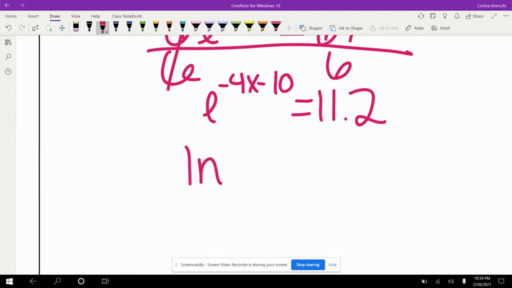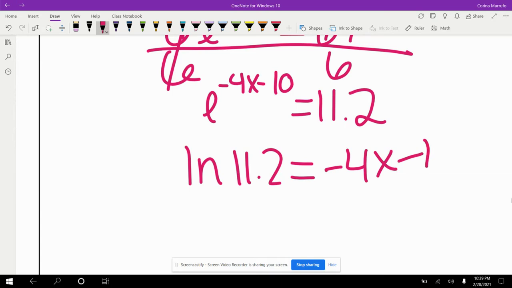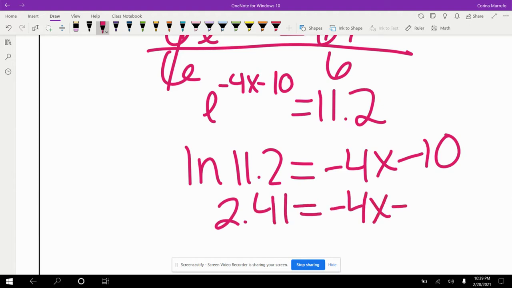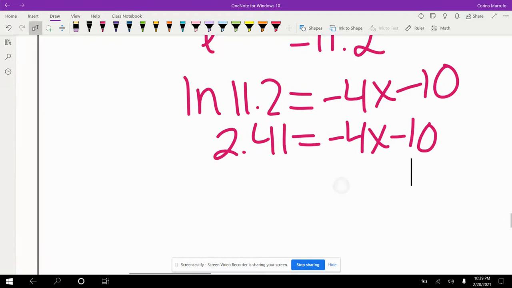So we write the natural log of 11.2 equals negative 4x minus 10. From there, I'm going to put in my calculator ln of 11.2. That gives me 2.41 equals negative 4x minus 10. We're still trying to solve for x, so we get rid of this minus 10 and change it to a plus 10.